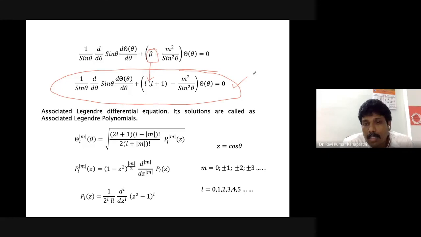Therefore, people have simply adopted the solution directly from the mathematicians, because they have already worked out how to solve it.